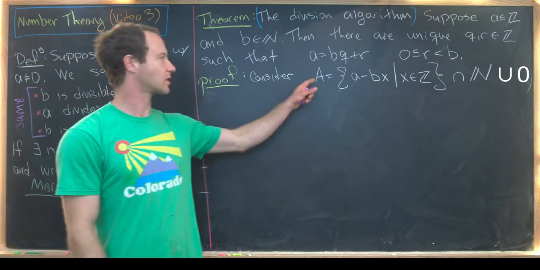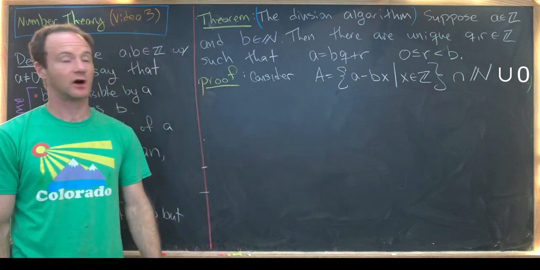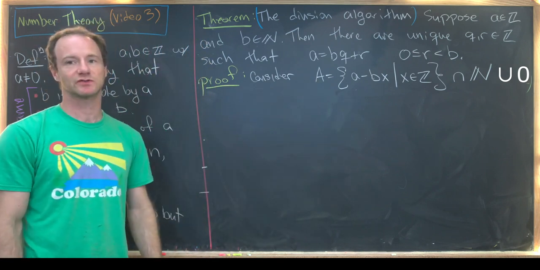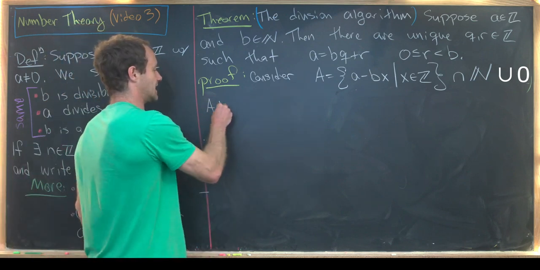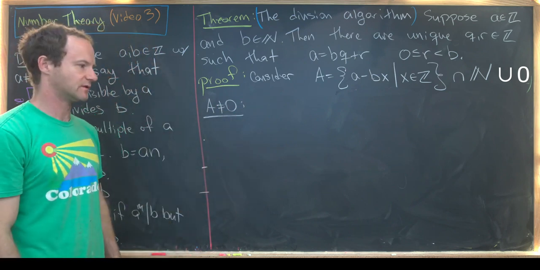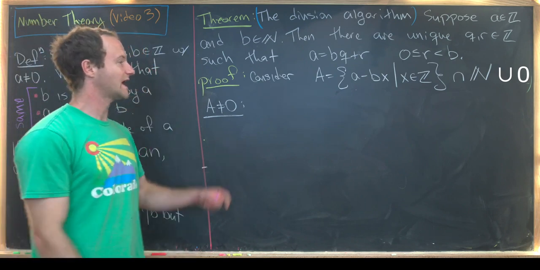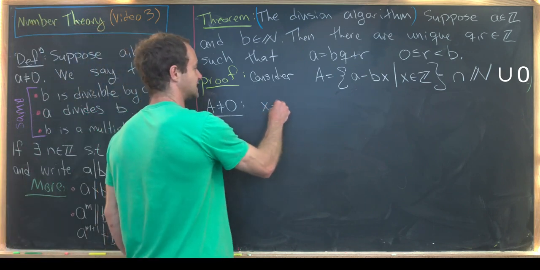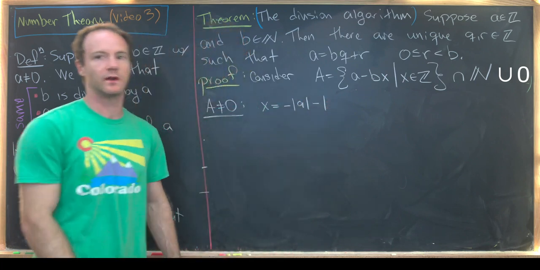Okay, let's get going. Recall our set capital A was a minus bx as x ranged over all integers intersected with the natural numbers. So I first want to claim that A is non-empty. This is actually pretty clear from our example, but could be a little tricky to write down. So the way to do this is to take x equal to negative the absolute value of a minus 1.